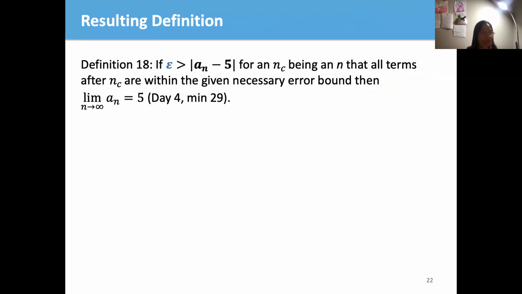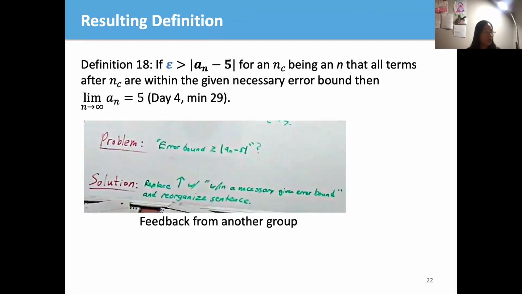And after this exchange, they try to put epsilon first in the written form just by quickly changing the order in the inequality. But then this definition was read by other groups of students. And then they found their use of inequality as a problem and suggested starting their definition with a given error bound and then reorganizing the sentence.